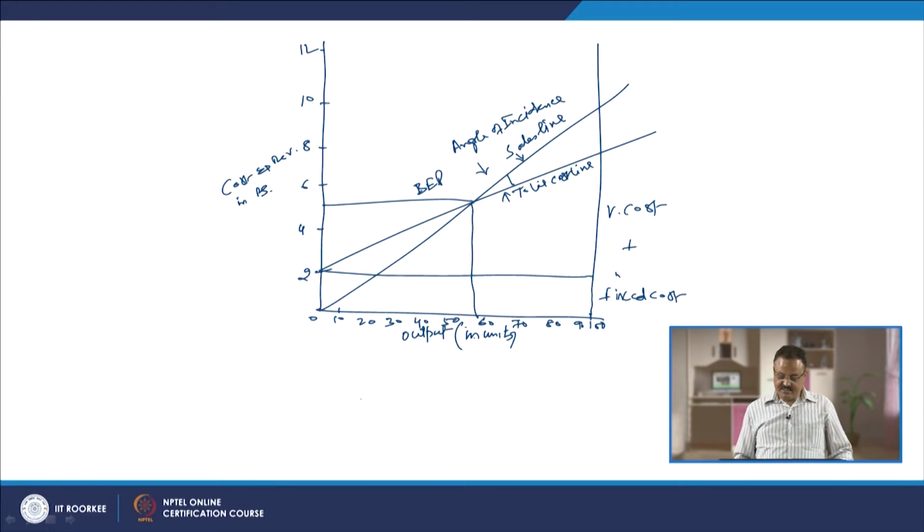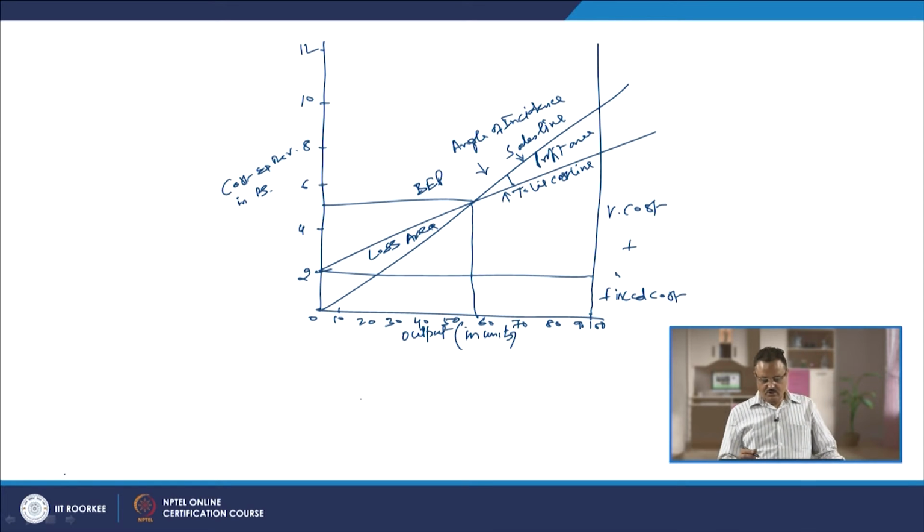By selling these units in the market, we will reach the break even point. This is the total cost line, the lower line, this is the total sales line, and this is the angle of incidence. This area is called the profit area, and this area is called the loss area.